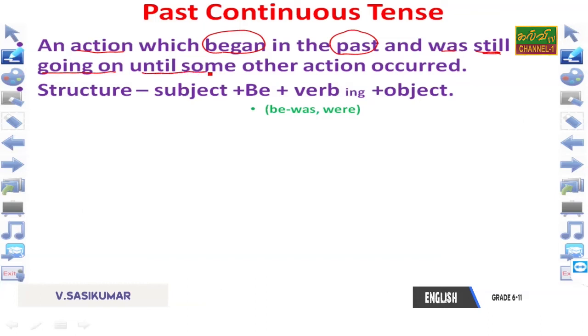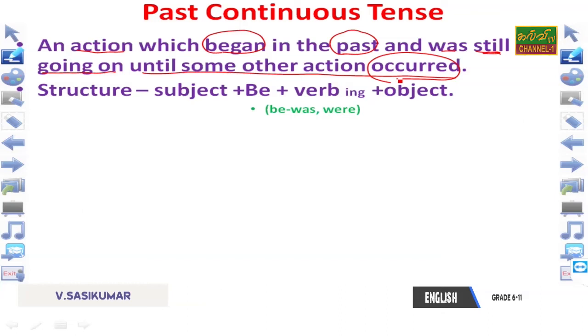Until some other action occurred, happened. So that's why I have designed the definition. What do you understand from past continuous tense? An action which began in the past and was still going on until some other action occurred. That's why we can give the definition.